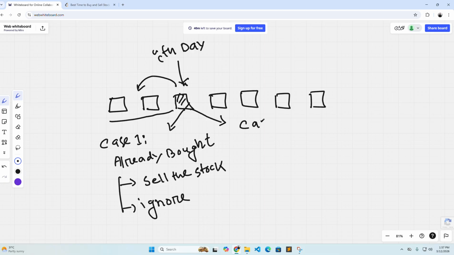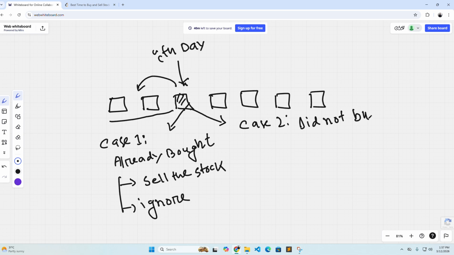In case 2, it can be that you did not buy any stock before the ith day.